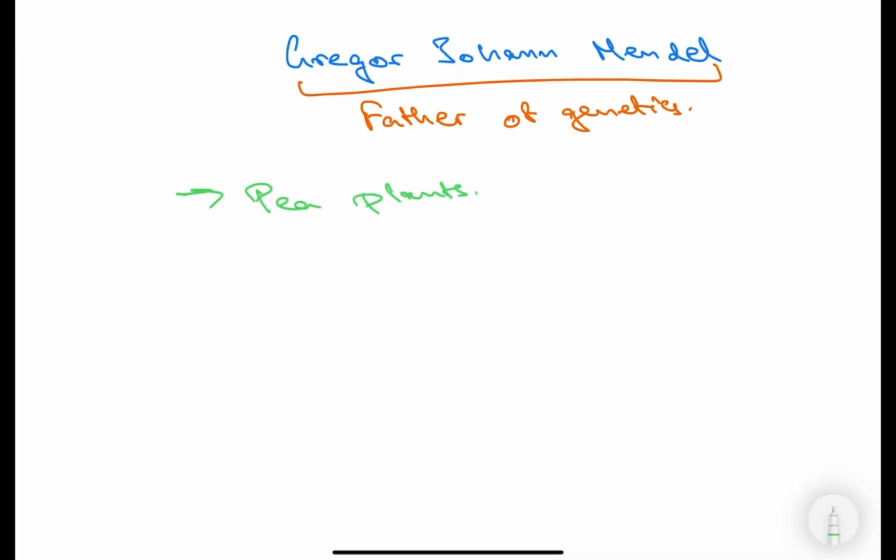What he used to do is cross two parent pea plants having contrasting characters, then study their progeny, and again cross the progeny and study them, like that. Before I come to that, let me discuss what characters are.